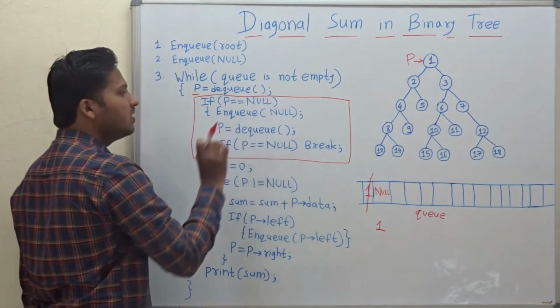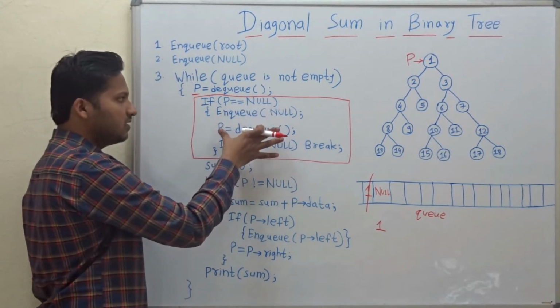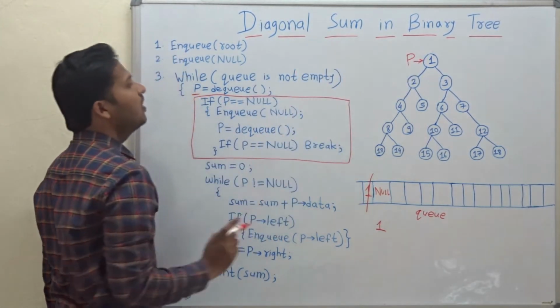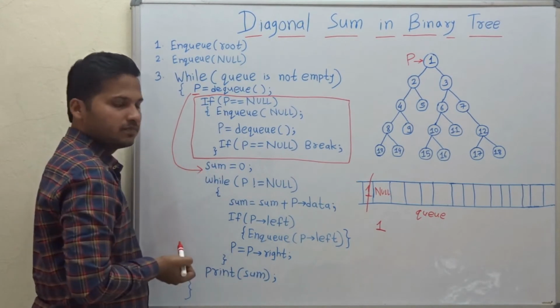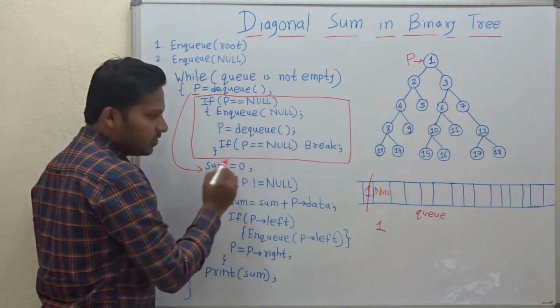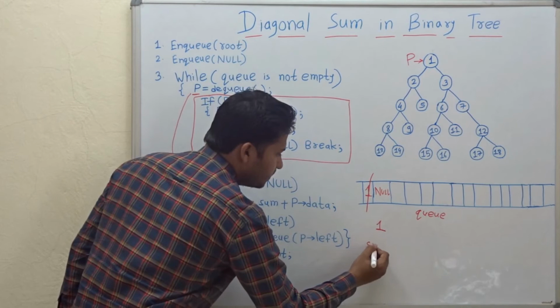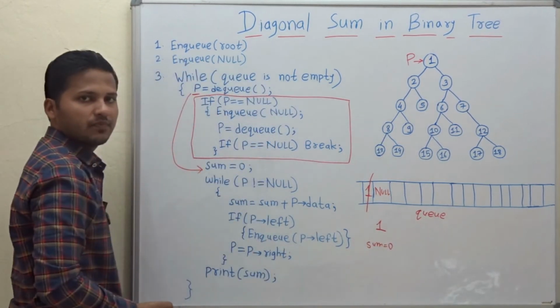This is the breaking condition, or when we encounter null, we have to go inside this red square. But right now P is not null, so we directly go to this step. Yes. So initialize variable sum is equal to 0. So the variable sum is initialized to 0.